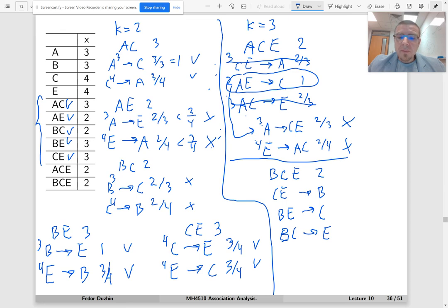Okay, cool. Now the count of CE is 3. The count of BE is 3. The count of BC is 2. So the confidence here is 2/3, 2/3, and here 2/2 is 1. So which means that these two rules are out, and this rule is still included.